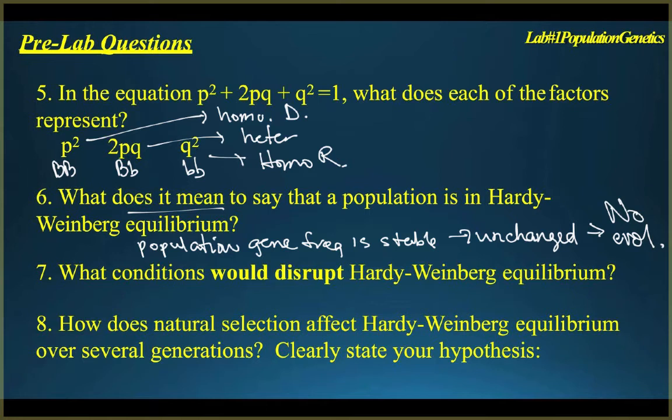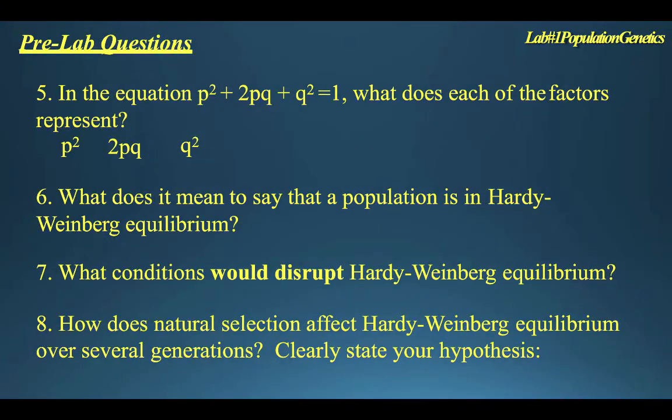So I want you to answer the following questions. What conditions would disrupt Hardy-Weinberg? So what you need to think here is, what conditions do we need to meet Hardy-Weinberg? And so if they weren't met, they would disrupt it. Then number 8, how does natural selection affect Hardy-Weinberg equilibrium over several generations? Clearly state your hypothesis.